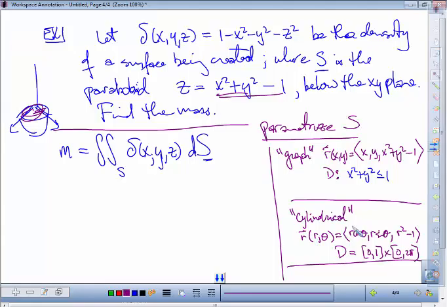I want to talk about the graph parameterization because there's something special about this graph parameterization that comes up. So let's do this one. Which means we need to take the derivative and cross them, right?